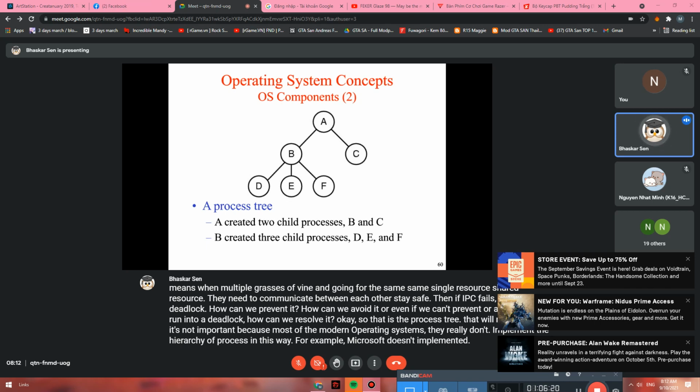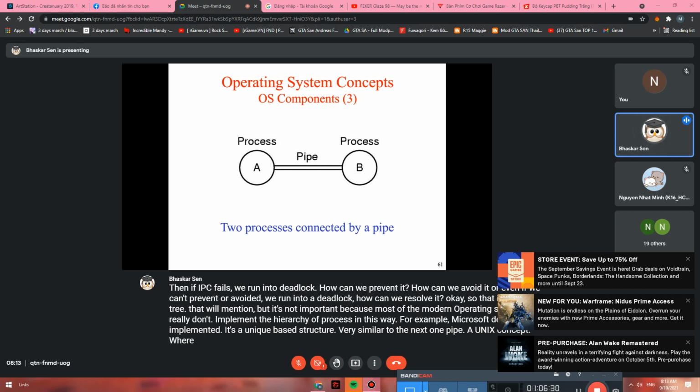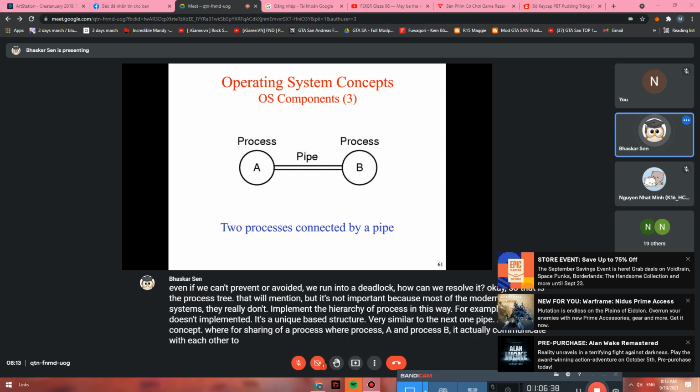It's a Unix-based structure, very similar to the next one, pipe, a Unix concept for sharing, where process A and process B can actually communicate with each other through a kind of pipeline. That is a technology.